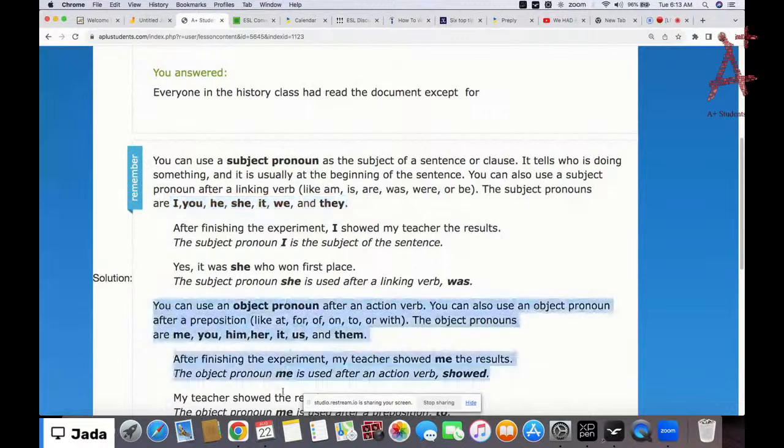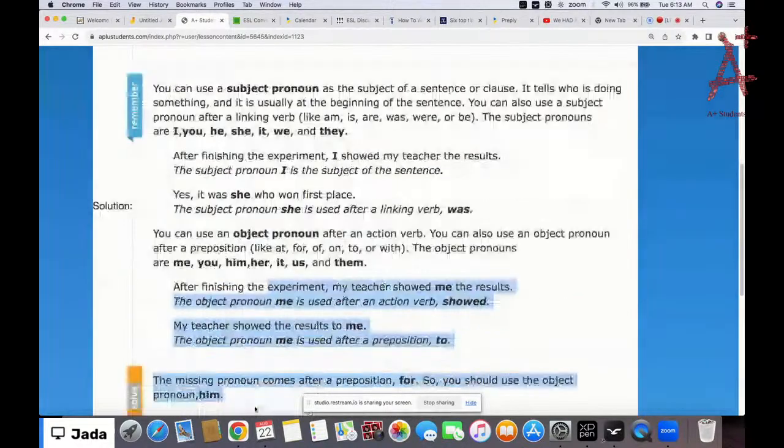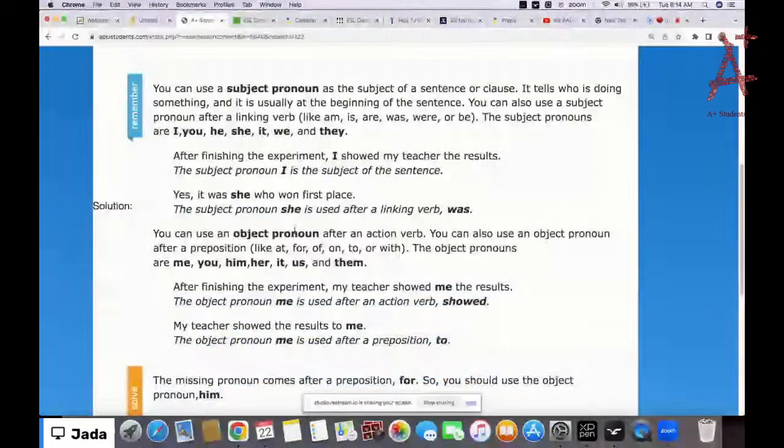Now let's move on to the object pronoun. You can use an object pronoun after an action verb. So object pronouns are used after the action verb. You can also use an object pronoun after a preposition.